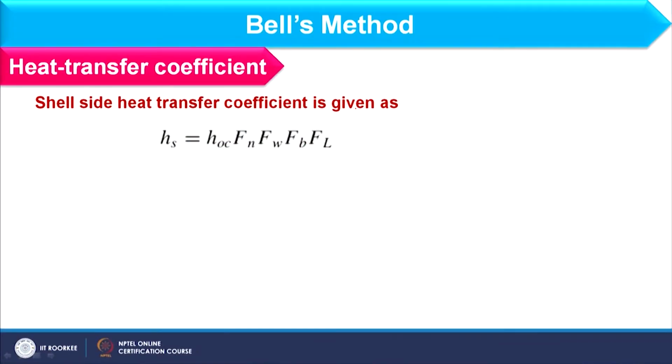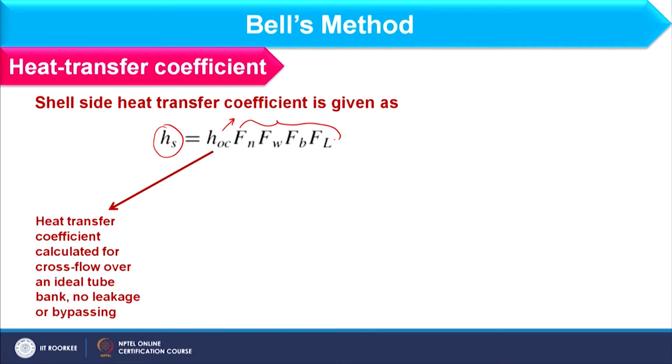In this expression you can see I have the shell side heat transfer coefficient, here I have HOC, and then we consider different factors. HOC is basically the heat transfer coefficient calculated for cross flow over an ideal tube bank where no leakage and bypassing are there.